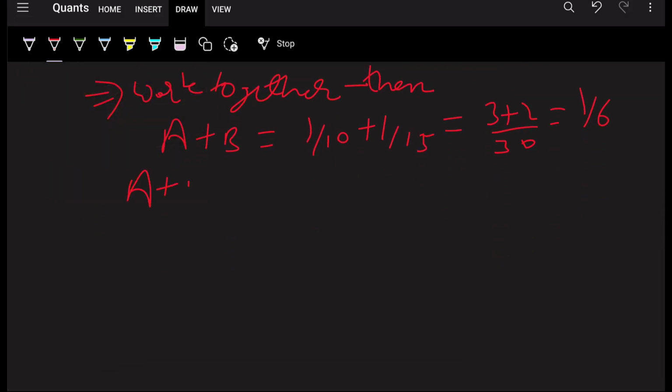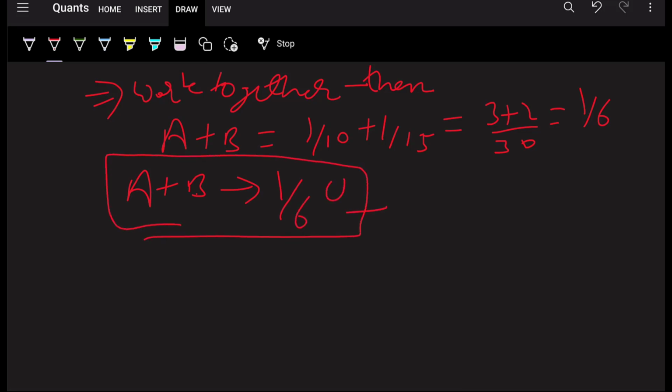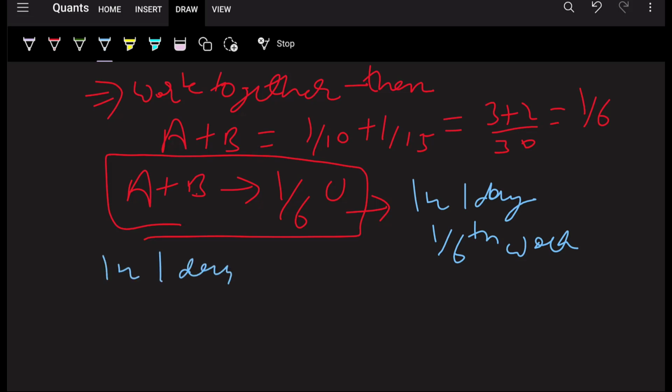Both A plus B's 1 day work is 1 by 6 unit. What does this mean? This means that in one day they are completing 1 by 6th of the work.